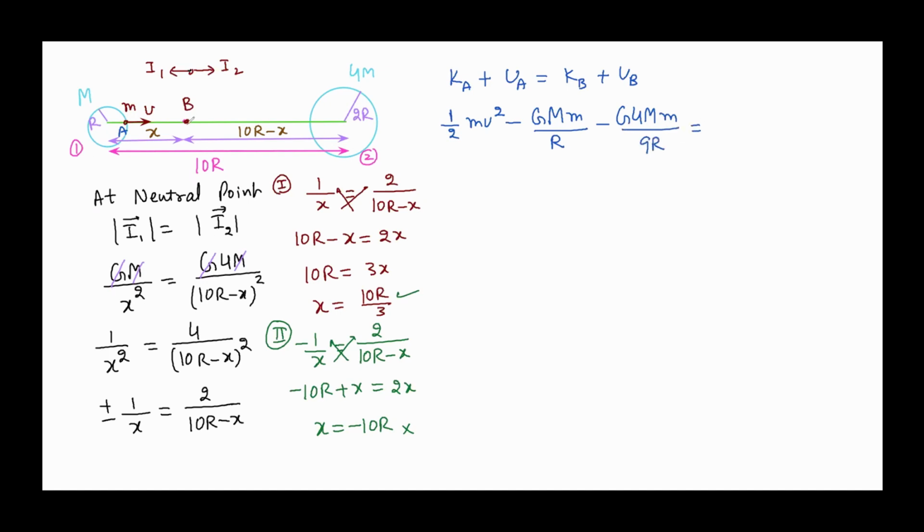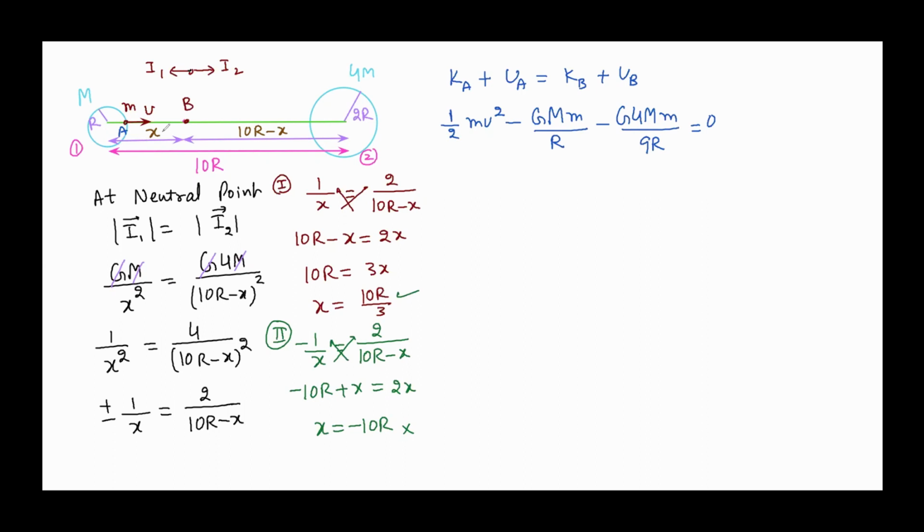Now it has to just reach B. So the minimum velocity at B, if it is 0, it will stop. If it is slightly more than 0, it will go into this region and the planet will automatically pull it. So I'm assuming the minimum velocity at B is 0 in order to reach this planet. So when it is at this point, the distance we have calculated just now, x, is equal to 10r by 3.